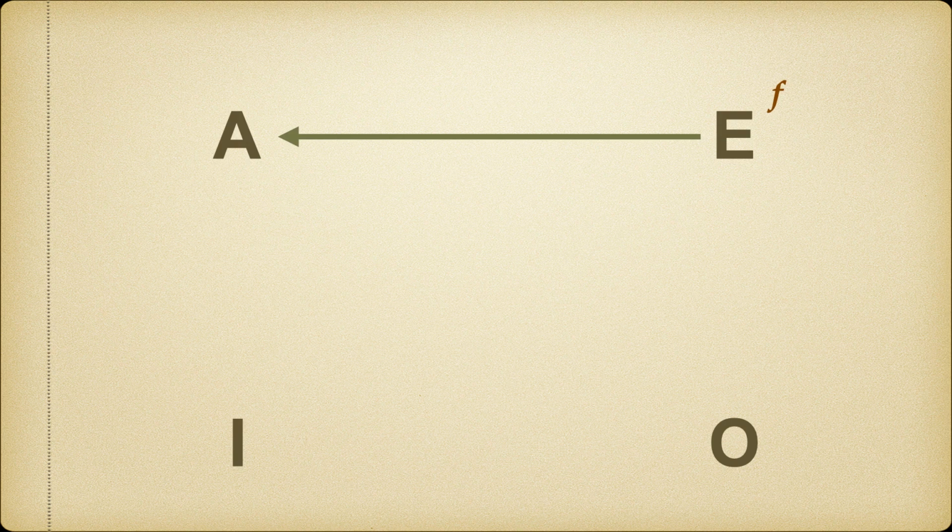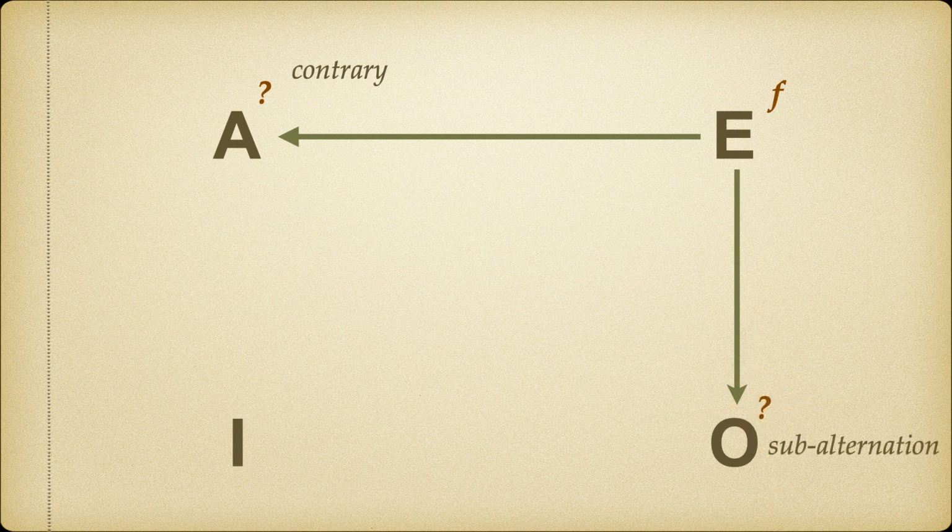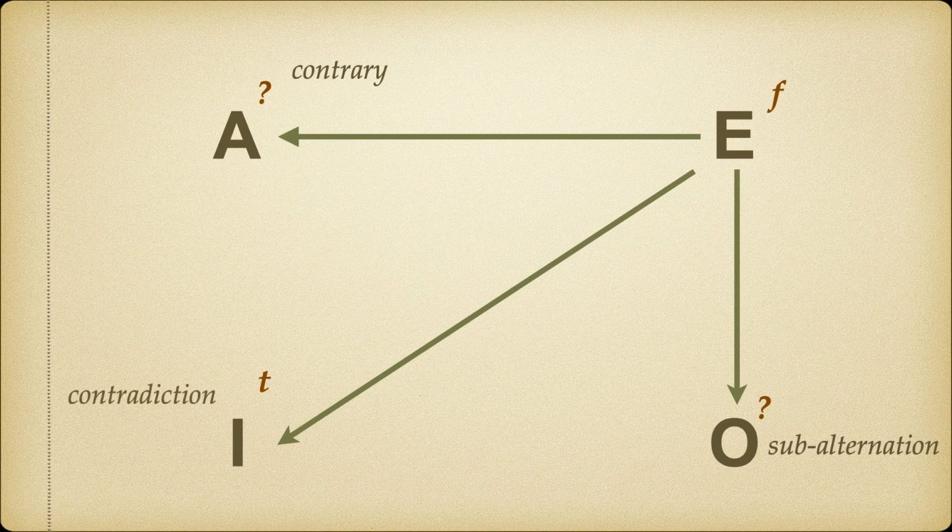The universal affirmative would remain logically undetermined, as would the particular negative, because falsity just doesn't go down. But if we assume that the universal negative is false, we would know at least one thing. We would know that the particular affirmative claim would have to be true, since contradictions always have opposite truth values no matter what.